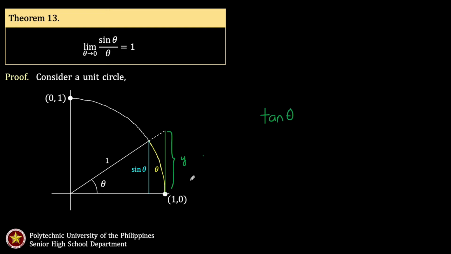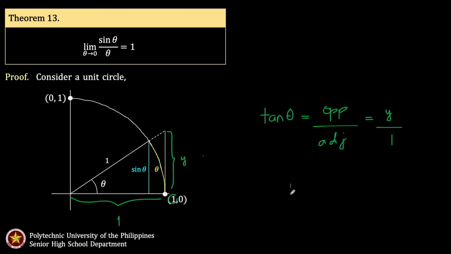We have to use tangent because its ratio is the opposite side divided by the adjacent side. If this is the theta, the opposite side is y. And the adjacent side is equal to 1 unit. This is 1 unit. So this must be 1.